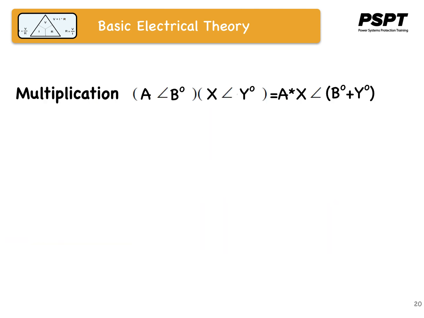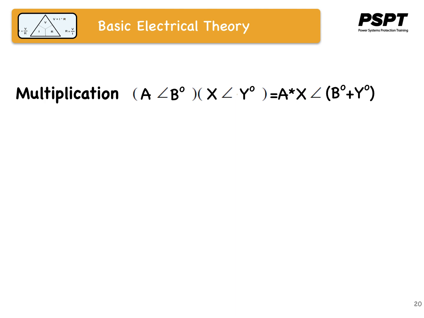Once we get into the analysis of complex circuitry using AC quantities, you're going to run into the requirement for multiplication and division as well. When we're doing multiplication of phasors, polar notation is favored because it's very simple.